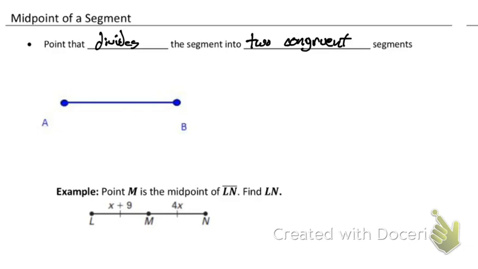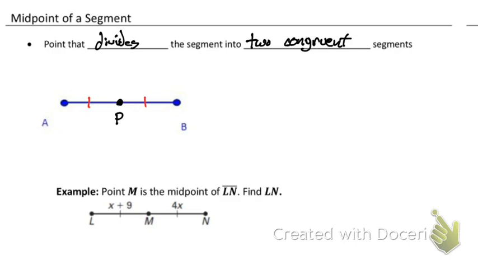Let's draw a point as close to the middle as we can. I'm going to call it point P. Point P is going to be a midpoint. So if P is a midpoint, that means AP and PB are in fact congruent. Remember, those little tick marks stand for congruent.